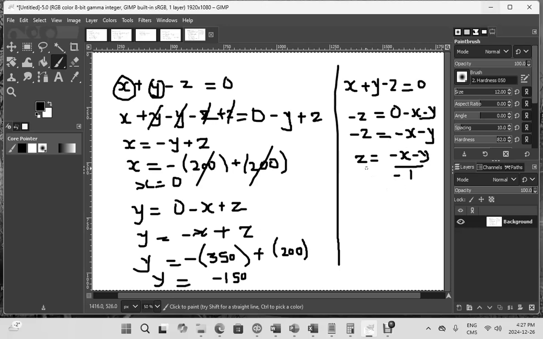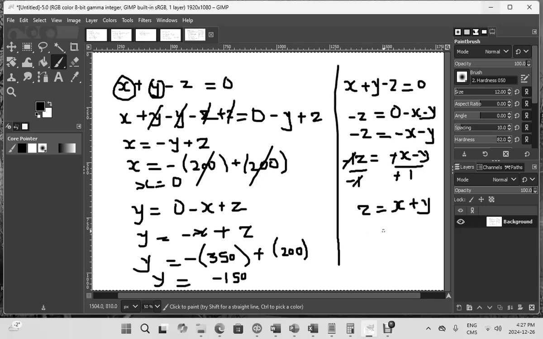All you're doing is dividing, because z is basically being multiplied by negative 1. So negative 1z over negative 1 cancels out, and you'll divide negative x minus y by negative 1, which means your z will be positive x plus y.